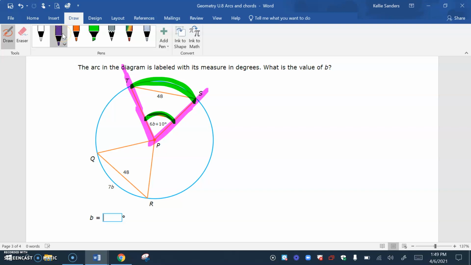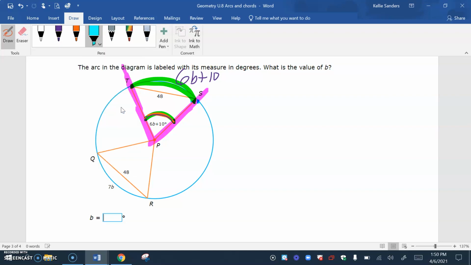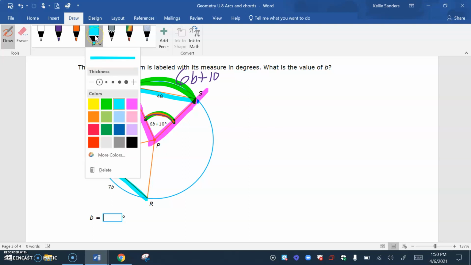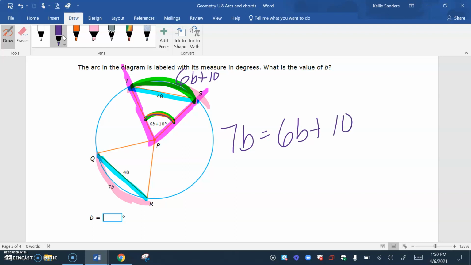So if this is 6b plus 10, then this is 6b plus 10. And because the 48s are both 48s, this arc is going to be congruent to this arc. So 7b equals 6b plus 10. Subtract the 6b, and b equals 10, and that's what we're looking for.